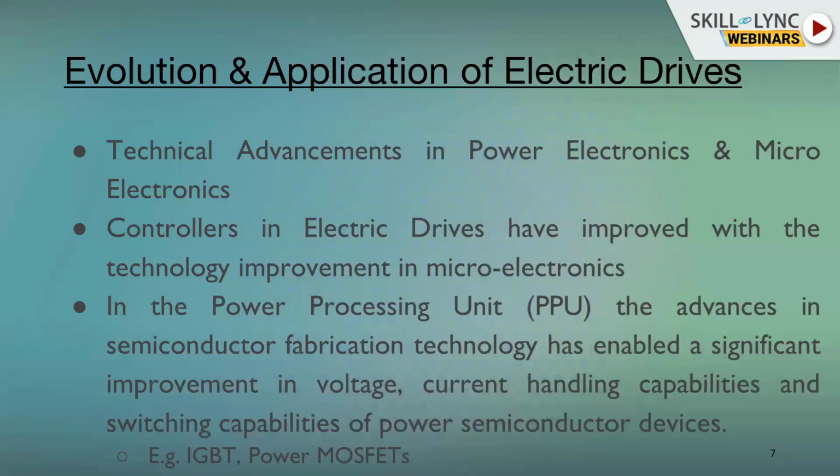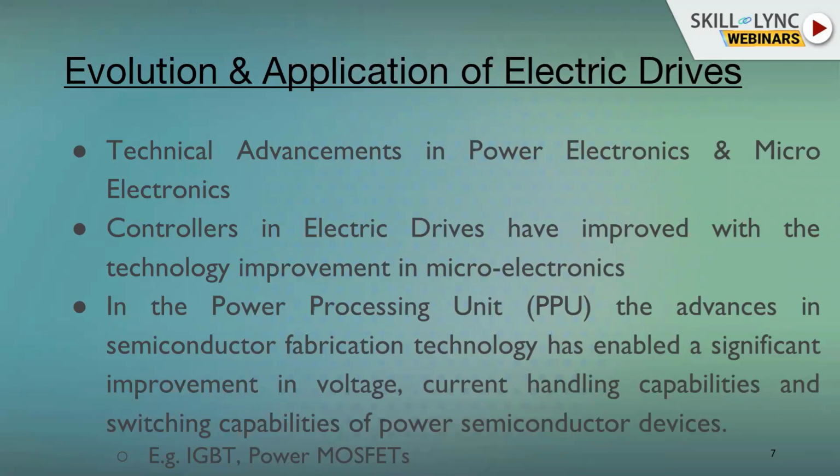And of recent, the technical advancements in power electronics as well as microelectronics, are basically chips which are available to basically go into the heart of the electric drive, which can be both power electronics as well as the microcontrollers in the controller. So advancements in these fields have enabled really huge strides in electric drives.